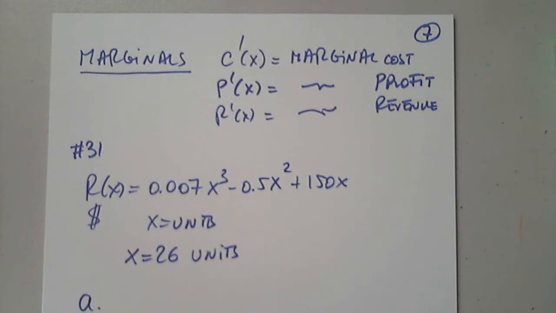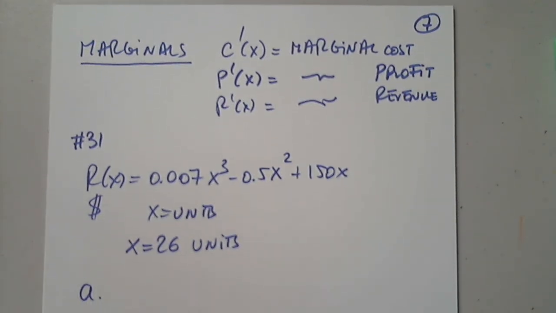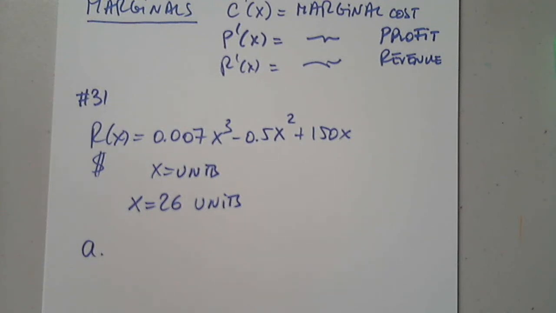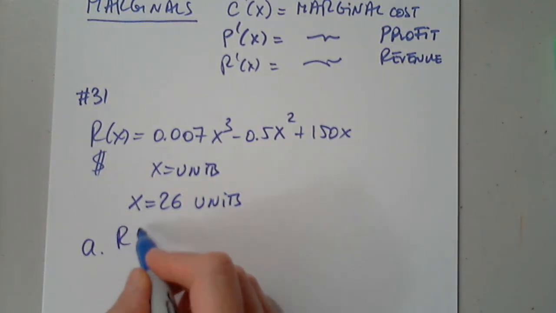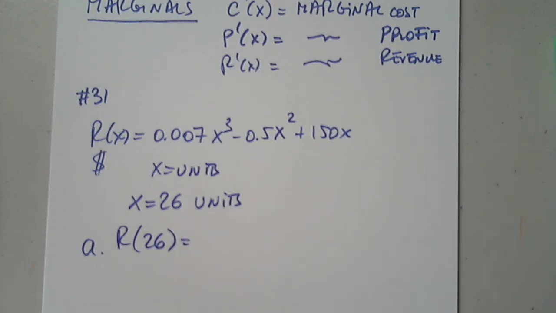We are manufacturing 26. We're assuming we're selling them. So what is the current weekly revenue? How do I determine that? You just plug it in. Of course. So I'm going to put the function in.